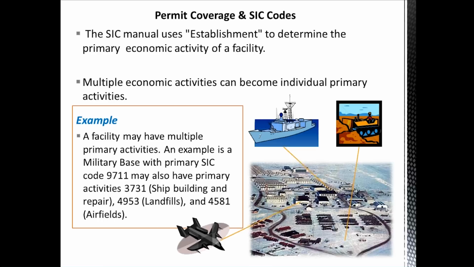So another one, a lot of these kind of campus facilities, it's not just picking on the military, they have landfill operations. And these are direct SIC code out of the manual, and they're a direct category of activities that we cover. They would need a permit for that landfill activity. And then another example would be airfields.